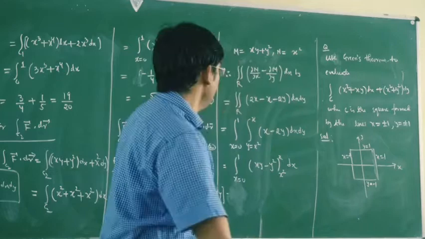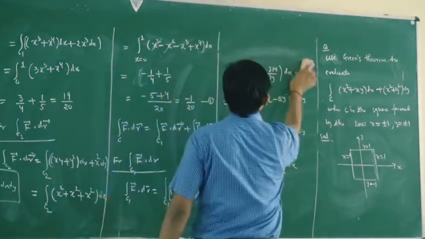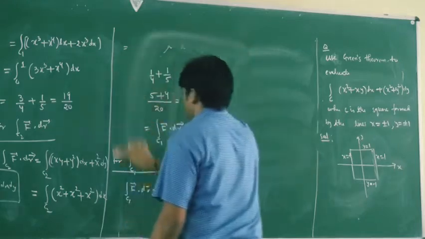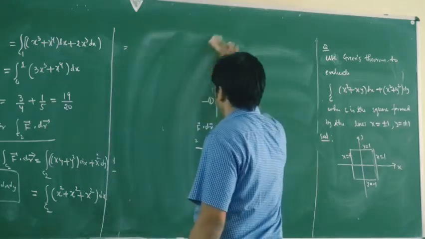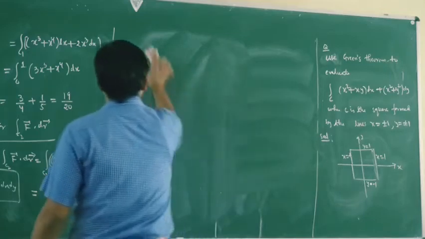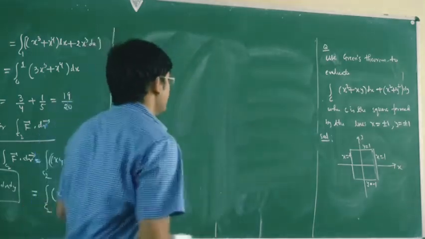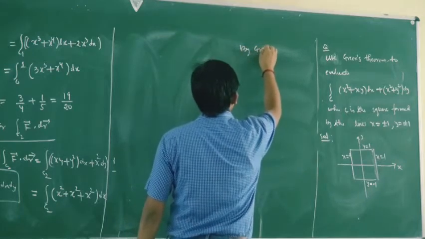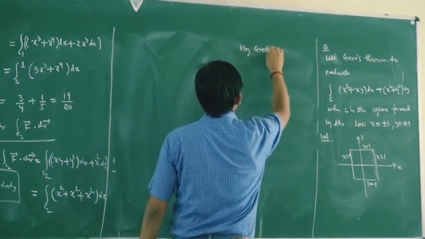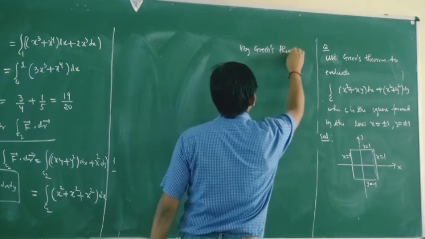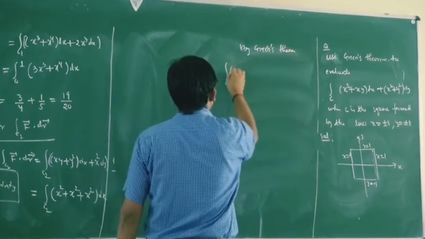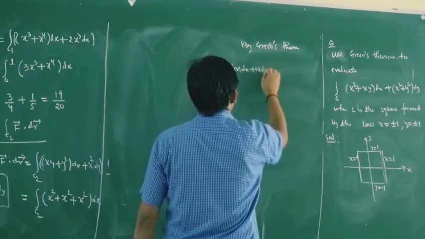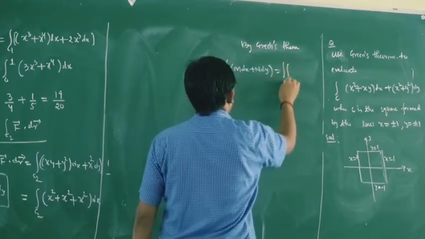Now by Green's theorem, our line integral M dx plus N dy is equal to this double integral.